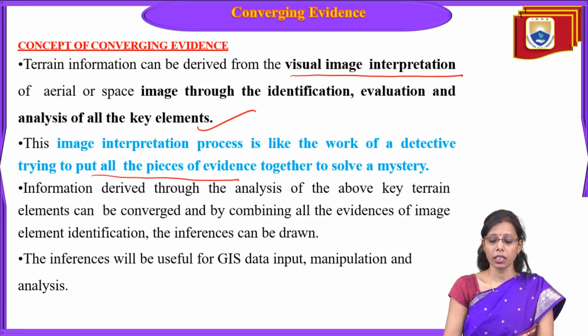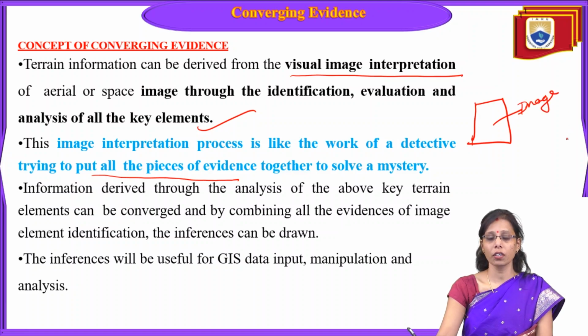Suppose there is a mystery, or an image, to be solved. It means deciding what kind of information is to be derived from this particular image. So how does a detective try to put all the evidence together and come to a conclusion? The same way a detective works, the interpreter will also work to find out the final output of the image.